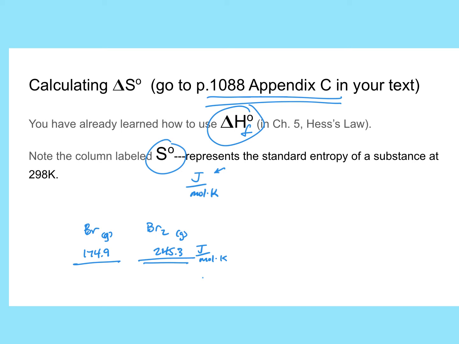This is because the two particles bonded together, as opposed to a single atom, allows for a different kind of rotation and spinning and jiggling of the bond farther and closer and all sorts of things, right? So there are more microstates possible in this diatomic bromine with two atoms that can wiggle their arrangement more than a single atom can.